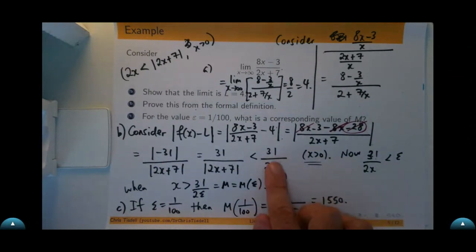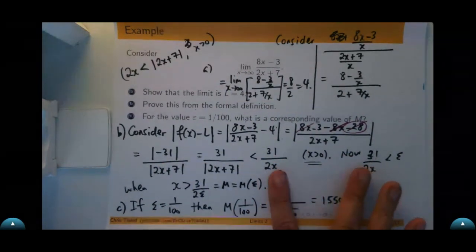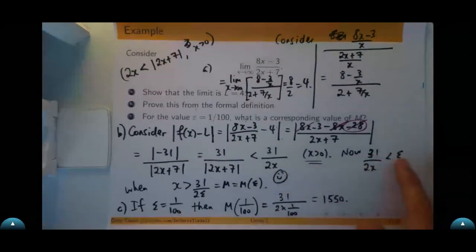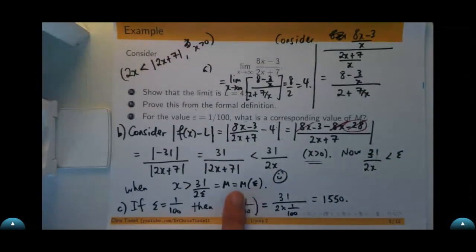And then somehow getting down to a simple inequality that you can just rearrange to solve. Okay, you can see here the m that I've chosen is, well, it's going to be positive anyway, but this is one m that will work for every epsilon. And here's a specific example.